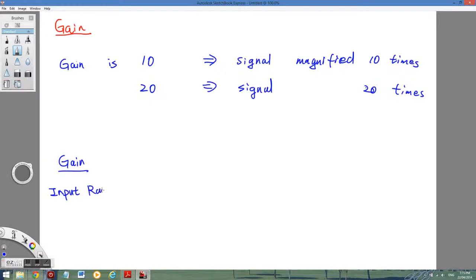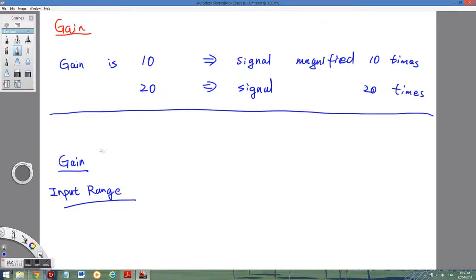Let me give you an example. For a particular amplifier, say the gain is 5, and the input range is from -1 volt to 1 volt.